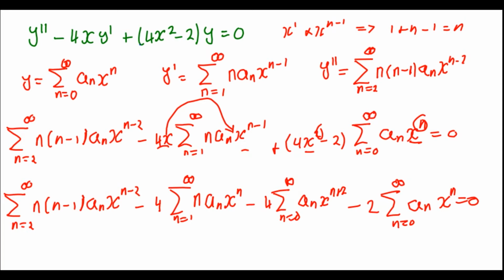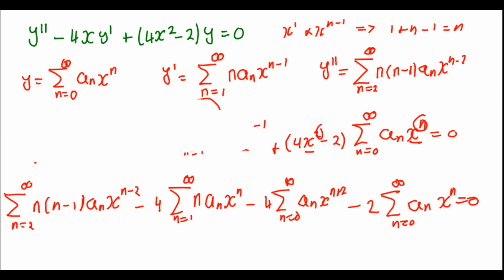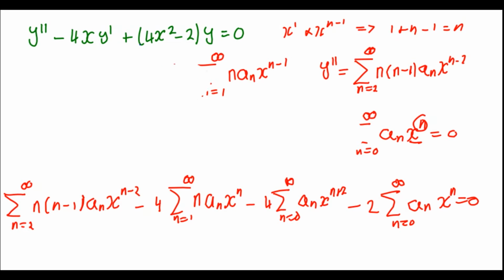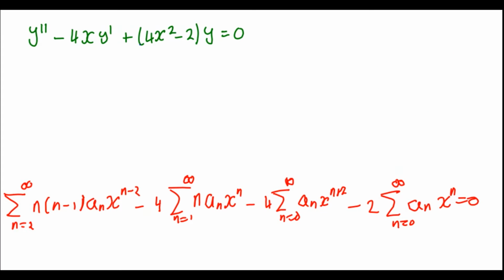Okay, so we have dealt with these variables right here, and we can go ahead and do the shifting. Okay, so what do I really mean when I say shifting?